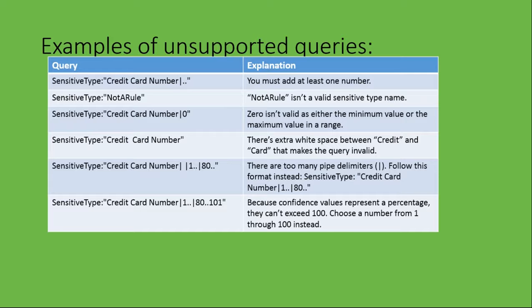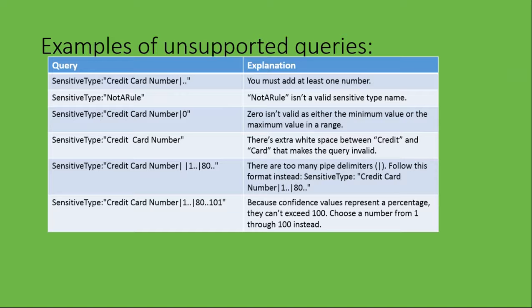In the next example, sensitive type is credit card number. If you notice, there is a space between credit and card. As I said earlier, the type should be written exactly the same way as in the TechNet article. It is case sensitive, and there should not be any space there.